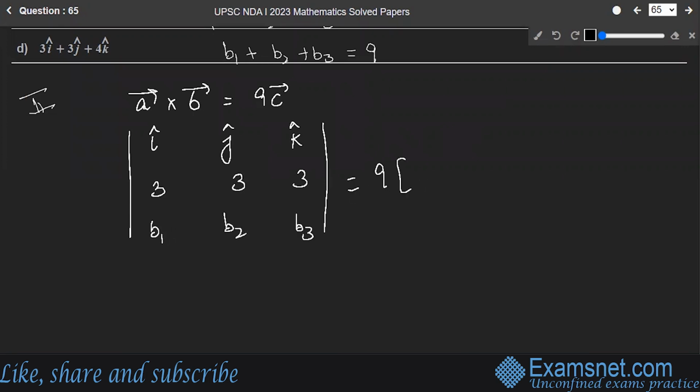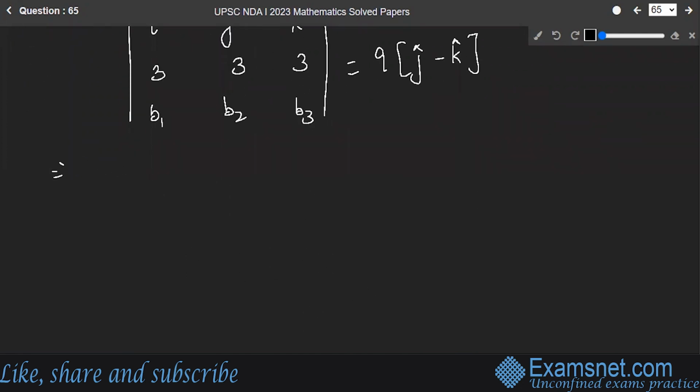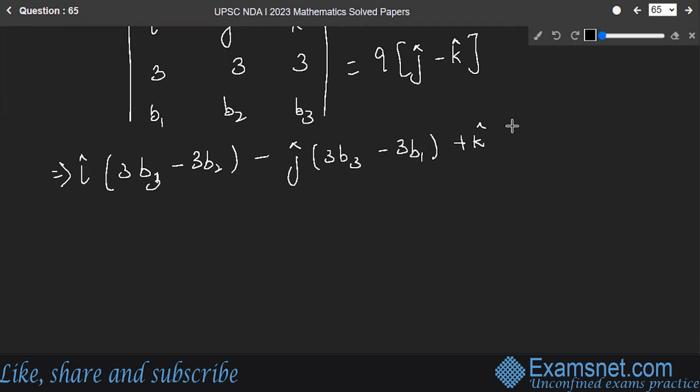This is equal to 9j minus 9k. Okay, let's solve. You have i (3B3 minus 3B2) minus j (3B3 minus 3B1) plus k (3B2 minus 3B1) equal to 9j minus 9k.